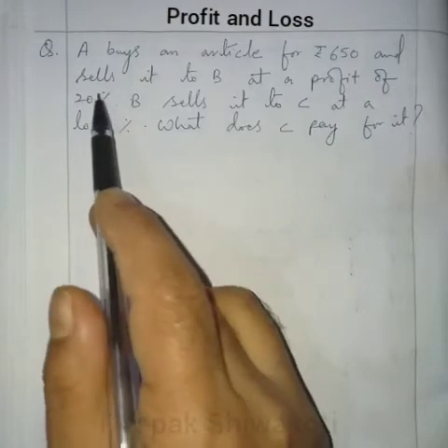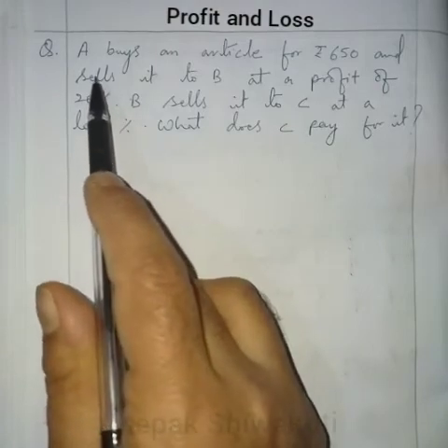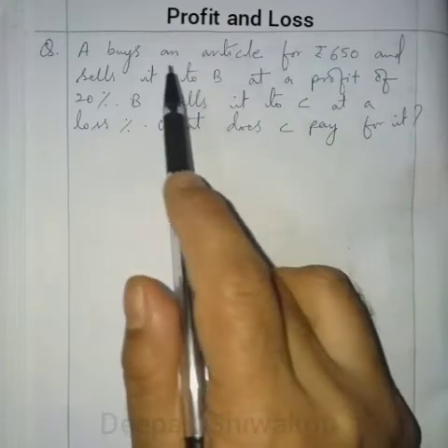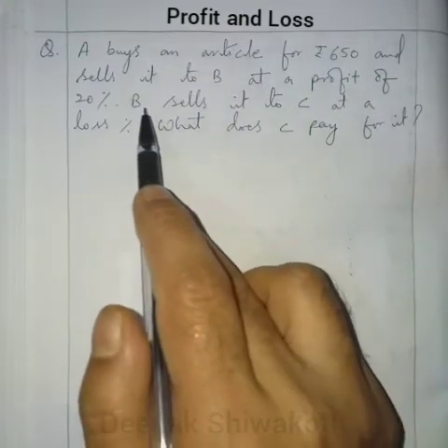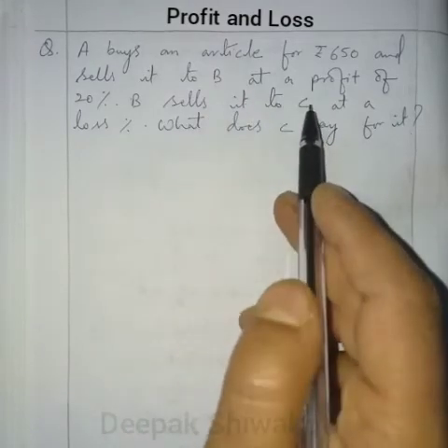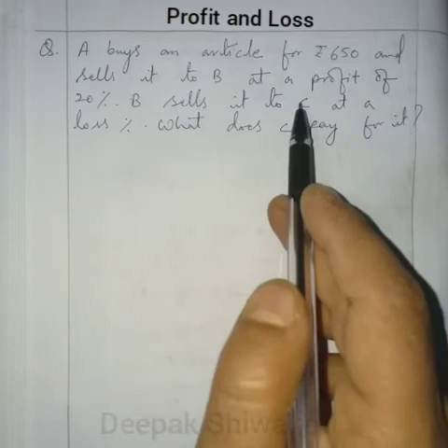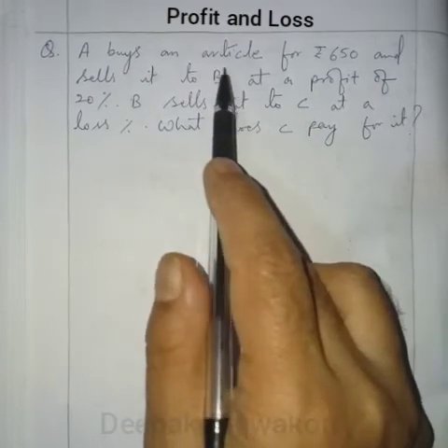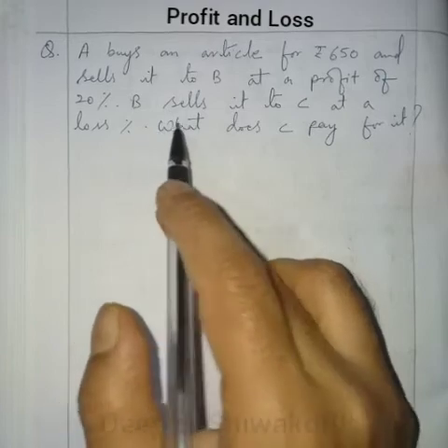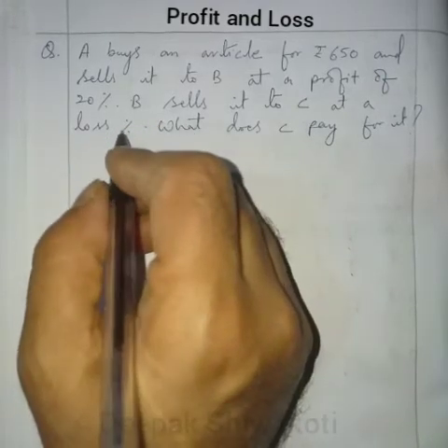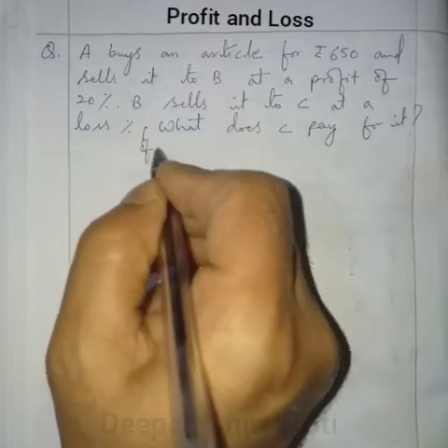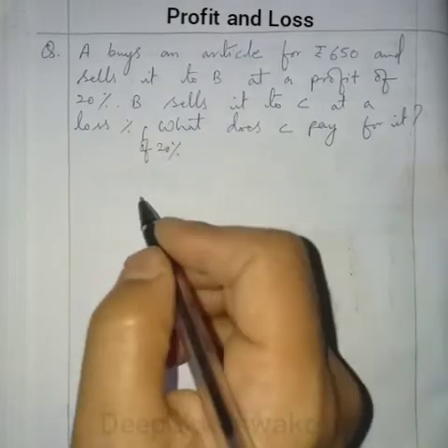So profit percent of A is given and cost price of A is given. B sells it to C. Person B sells to C the same article at a loss percent of 20%.